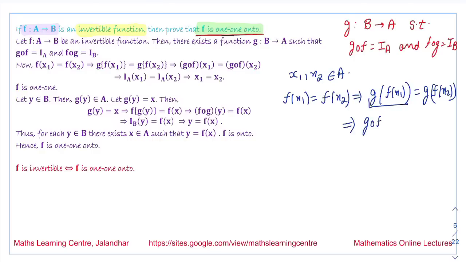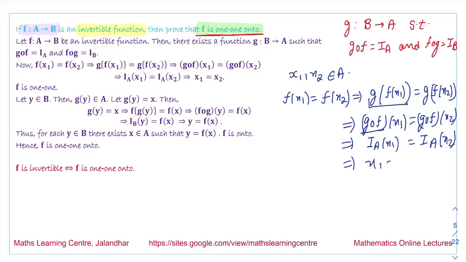It means g o f of x1 is equal to g o f of x2, and g o f is the identity function in A, and this implies that x1 is equal to x2. So we are saying if f of x1 is equal to f of x2, this implies that x1 is equal to x2, and hence we obtain that the function f is a 1-1 function.